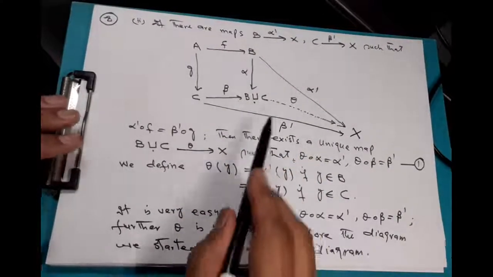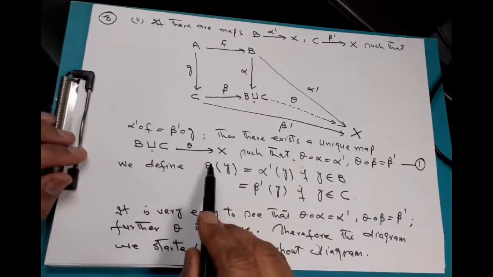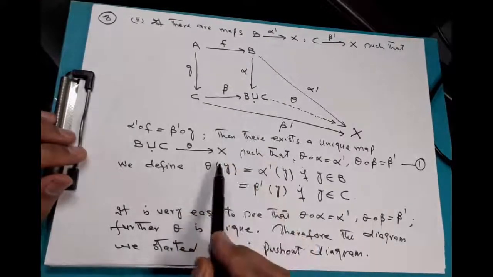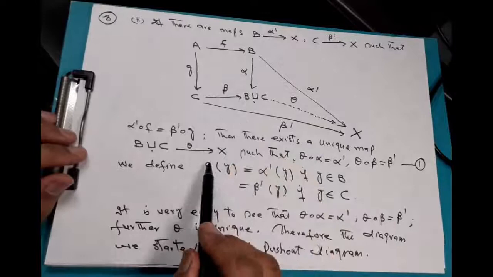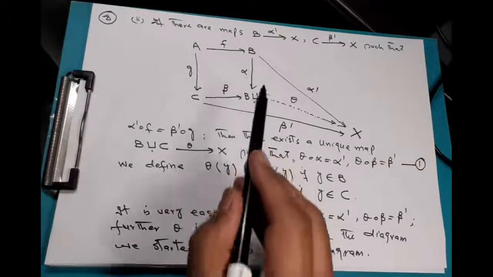We define theta in this way: the effect of theta on any element of this particular object. Suppose we see the effect of theta on element y of this object.